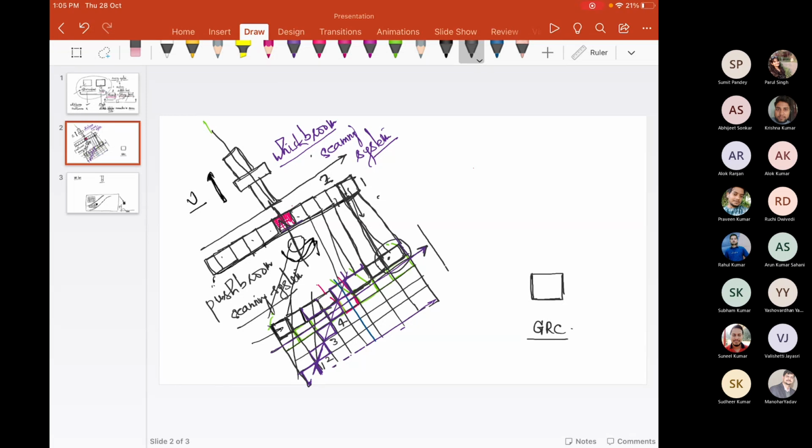So for one GRC, finally in the output, you have a digital number. GRC is characterized by its shape and size. We consider it square, with size M. So M is termed as spatial resolution.